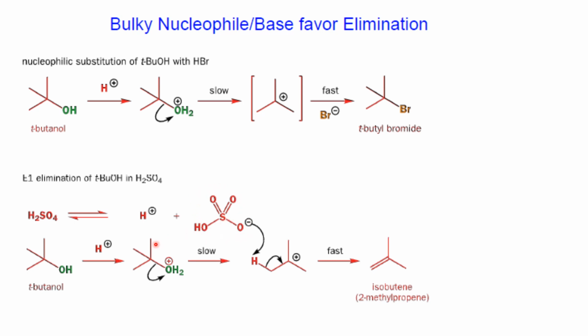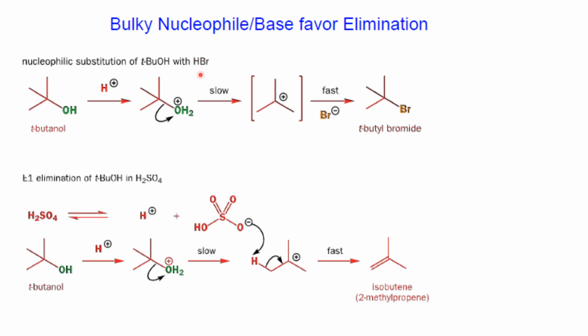Now carry out the same reaction with the substrate. Initially, here we were having a protonation. Here also we'll be having a protonation, so that this OH2 will be leaving the system to form a carbocation. But the counter ion for H2SO4 is HSO4 minus, which is a bulky nucleophile compared to Br minus in the case of HBr.